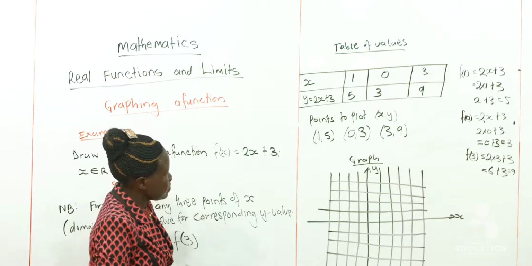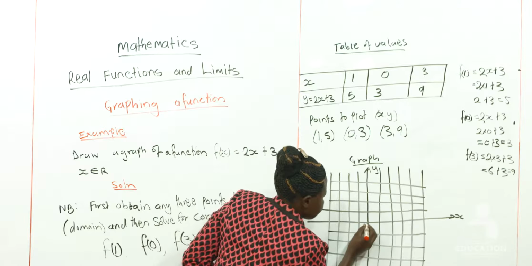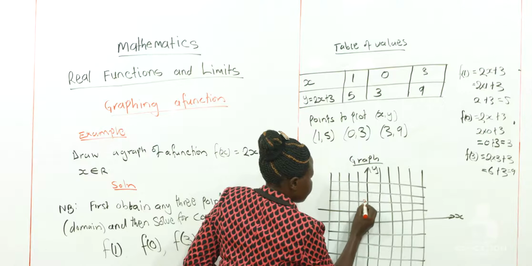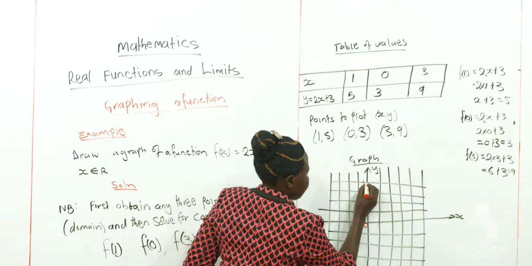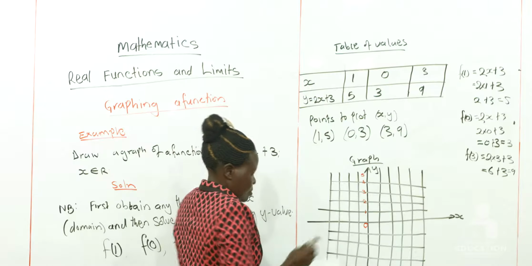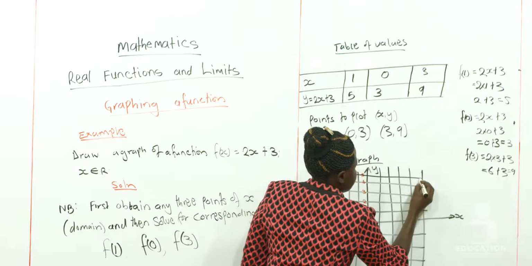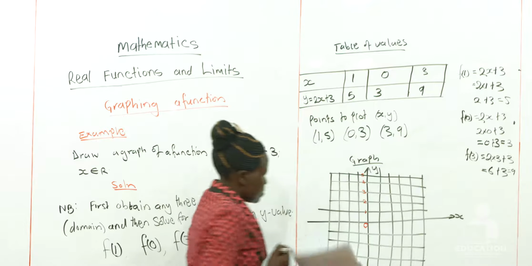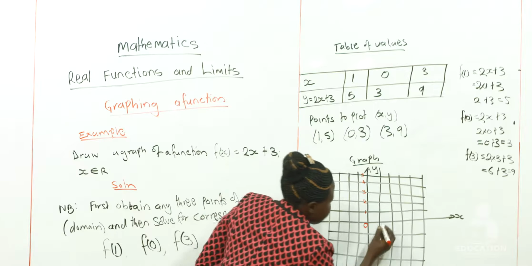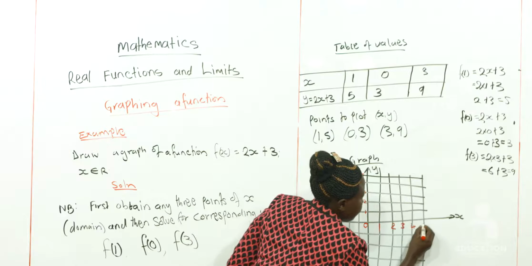Then we say on the y-axis, this is our starting point 0, and then we have 1, 2, 3, 4, 5. So we have up to 5 on the y-axis, and on the x-axis we say 1, 2, 3, 4, 5.